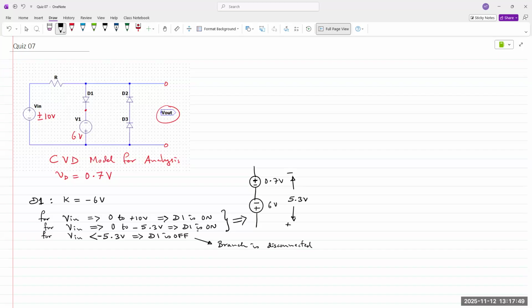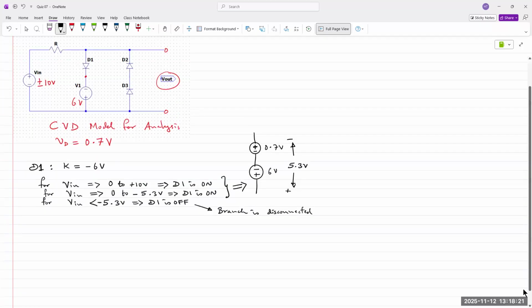What about diodes D2 and D3? What is required to turn them on? So only two diodes, right? And CVD model, so 0.7 plus 0.7. We need 1.4 volts. But because they're flipped with reference to our V in supply, we need the voltage to go below 1.4.